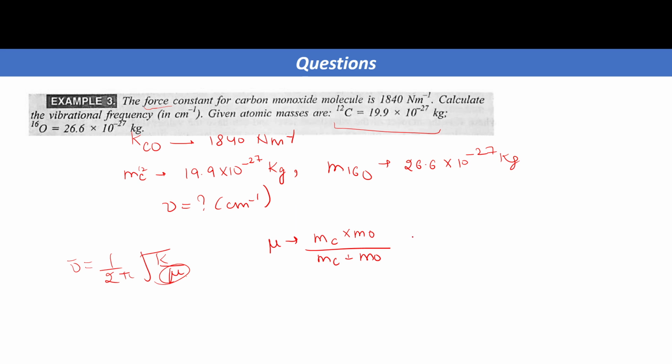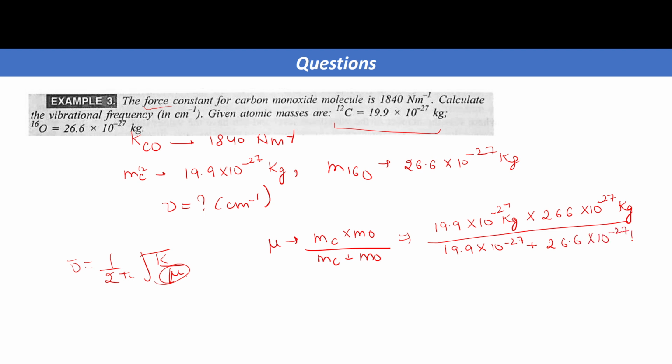So it will be 19.9 into 10 minus 27 kg multiplied by 26.6 into 10 minus 27 kg, divided by 19.9 into 10 minus 27 plus 26.6 into 10 to minus 27 kg. After solving it, it will come out to 1.138 into 10 minus 26 kg.